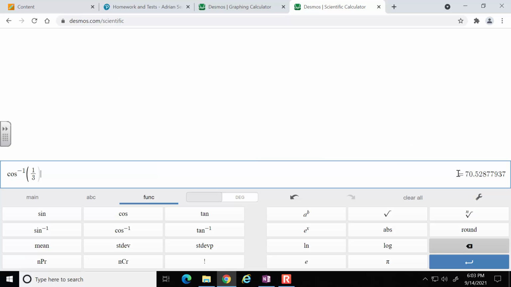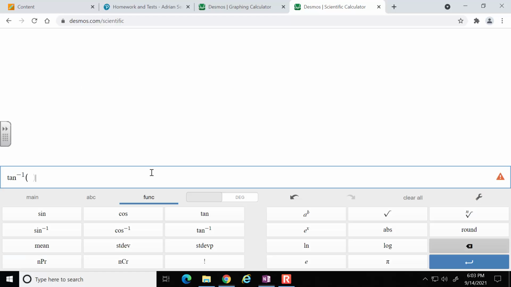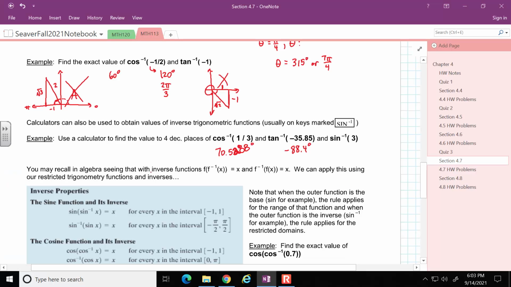Now, that's great, and I'll take that because I'm just asking you to plug it in your calculator here. What is that in standard position, though?